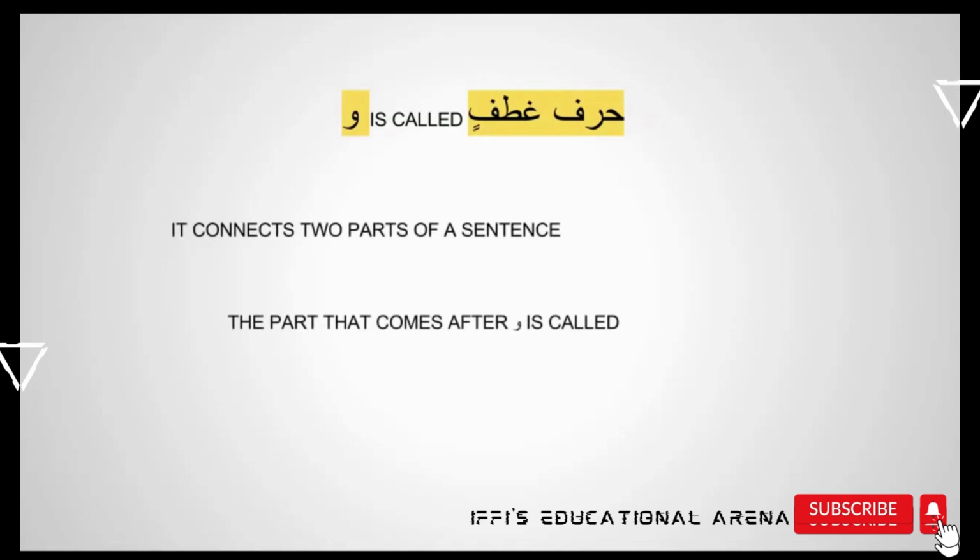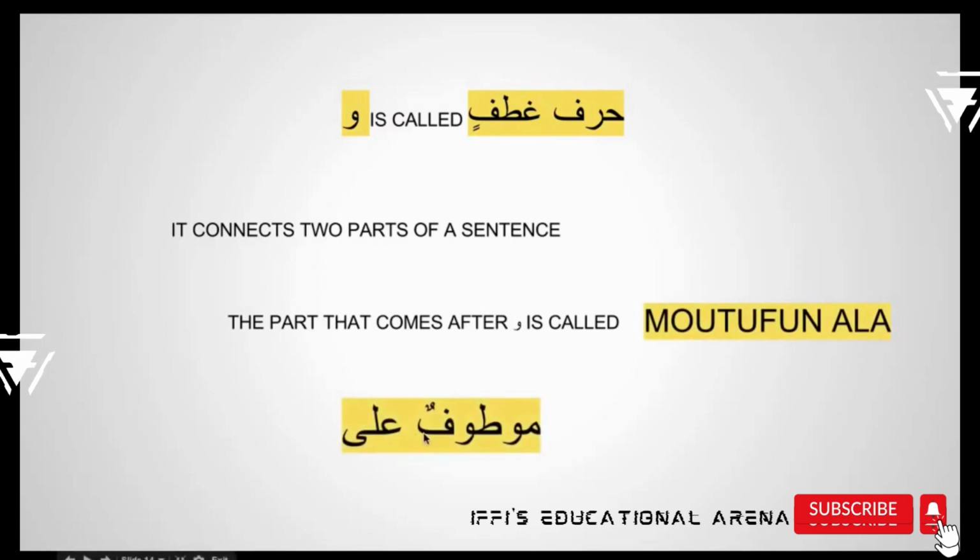So this harfu atfin is used to connect two parts of a sentence. And the part that comes after wow is called ma'tufun alayh. Just explaining to you what it means.